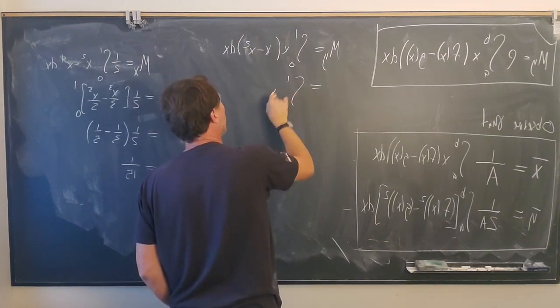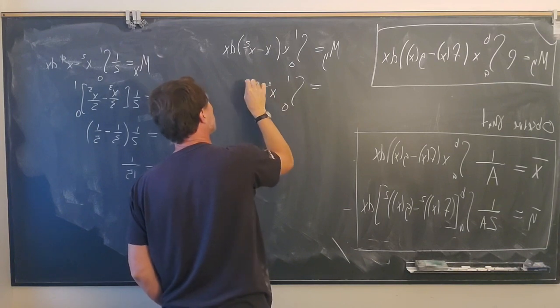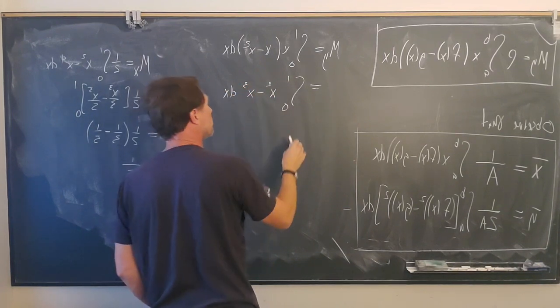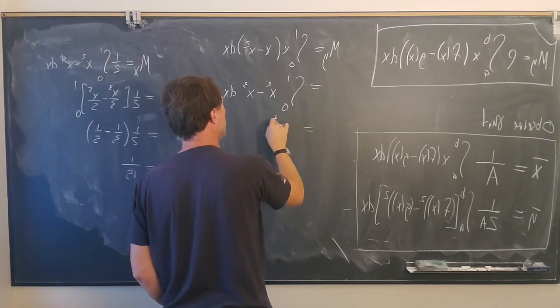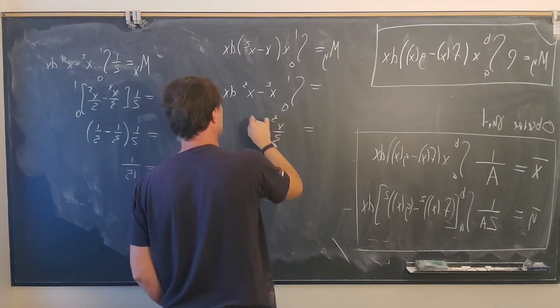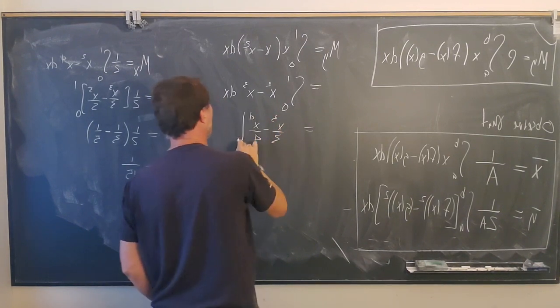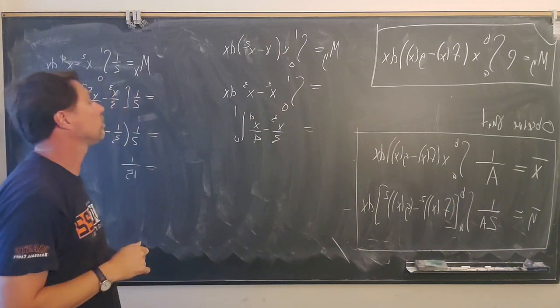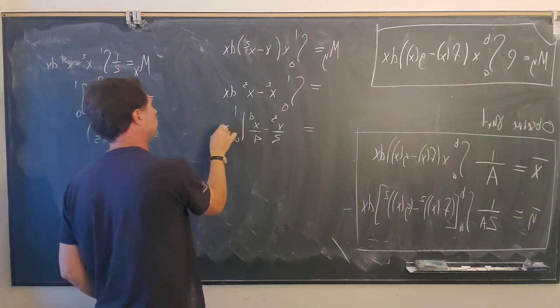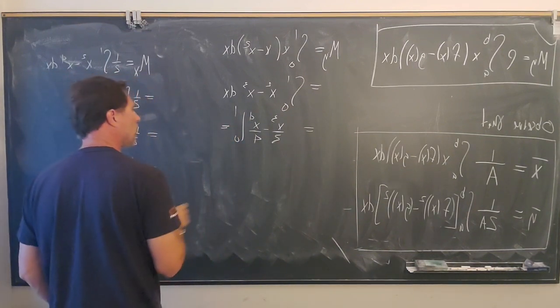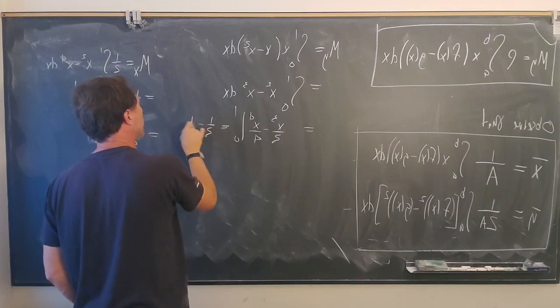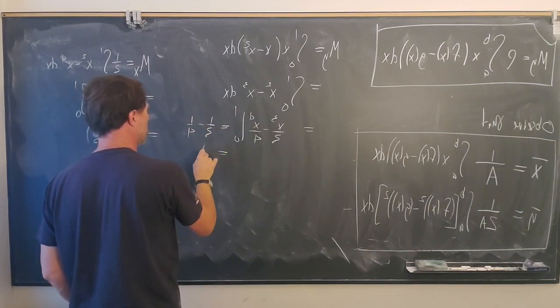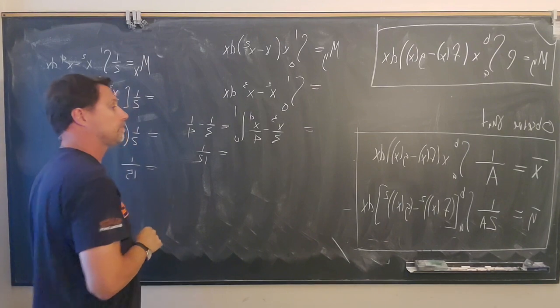Integral 0 to 1 of x squared minus x cubed dx, which is x cubed over 3 minus x to the 4th over 4, going from 0 to 1. That's equal to 1/3 minus 1/4, which is 1/12.